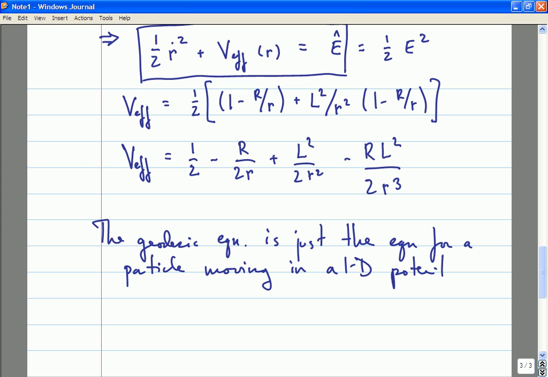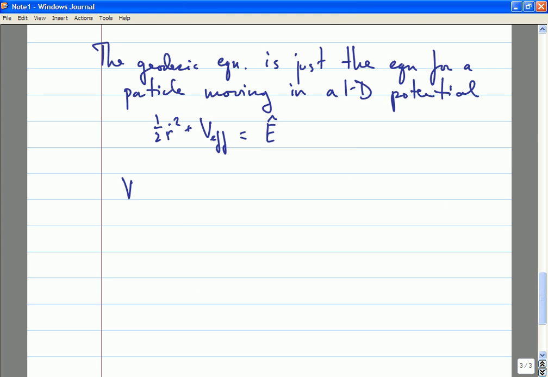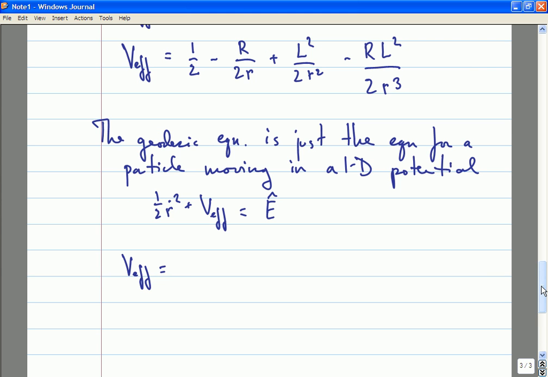And that equation is the conservation of energy: 1/2 r dot squared plus some effective potential is equal to a constant, where the effective potential is the sum of 4 terms. I'll just rewrite it here: 1/2 minus R over 2r plus L squared over 2r squared minus R L squared over 2r cubed.